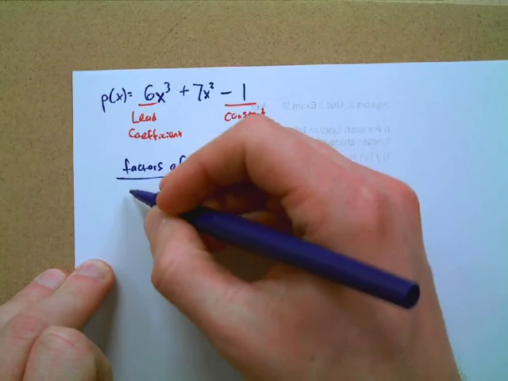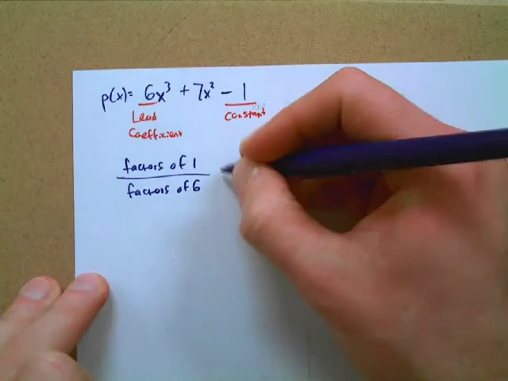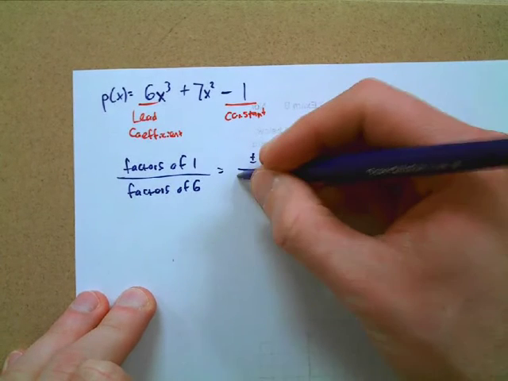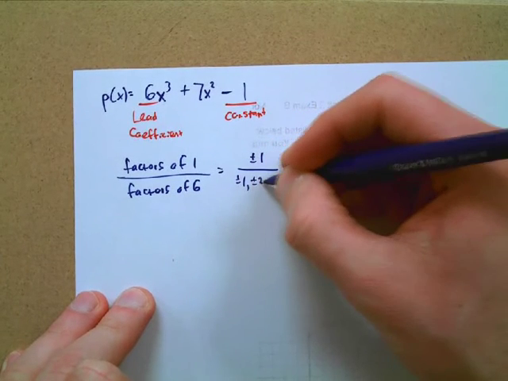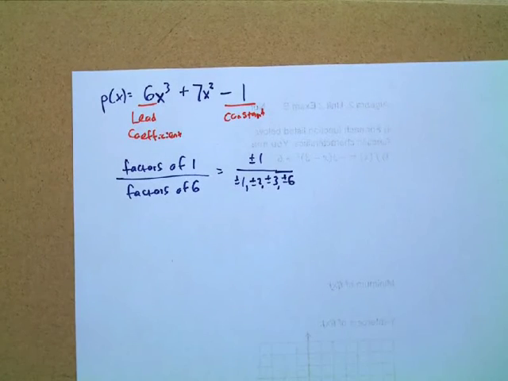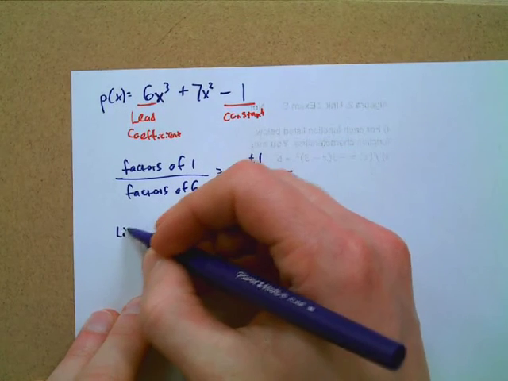And then we'll do the factors of 6 in the denominator. Right, in the numerator, just plus or minus 1. In the denominator, plus or minus 1, 2, 3, and 6. So in other words, what's our list of possible rational zeros?